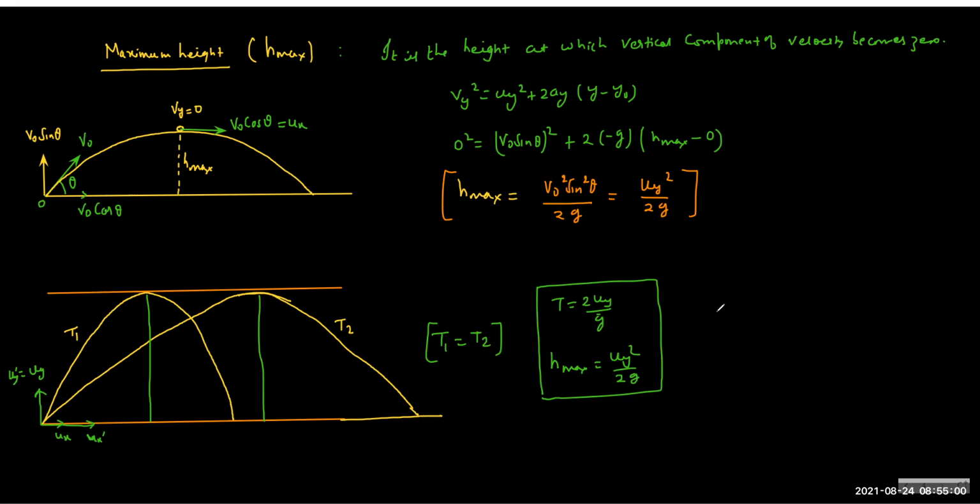Okay. So range depends on both x and y, because the range is 2ux uy by g. So a different value of x will give you a different range, although y is the same. So in projectile motion, try to look at things in component fashion. Things will be easier for you.